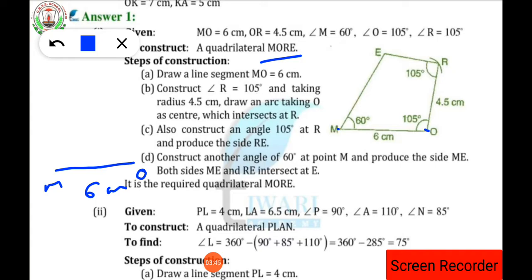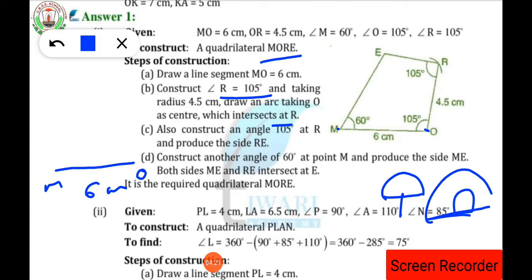Then after that you know how to draw the angle, of course you people know, isn't it? Now first, before that, we have to construct angle O as 105 degree, and then taking the radius 4.5 centimeter, draw an arc taking O as a center which intersects at R. Suppose this is a straight line we are having as MO. Now using your protractor, as you know the protractor has the middle part marked like this, isn't it?